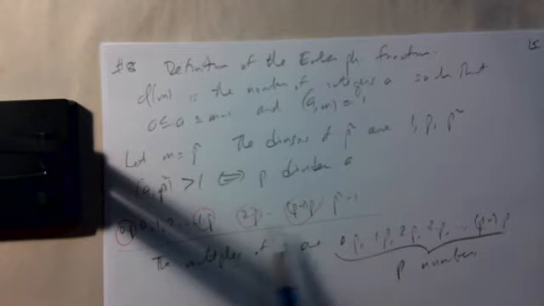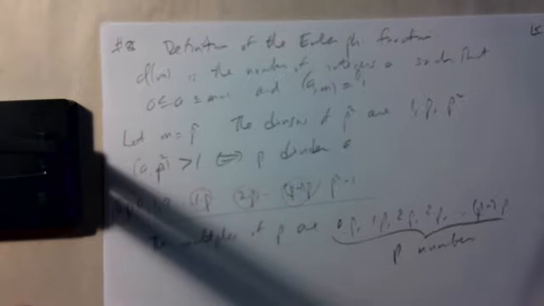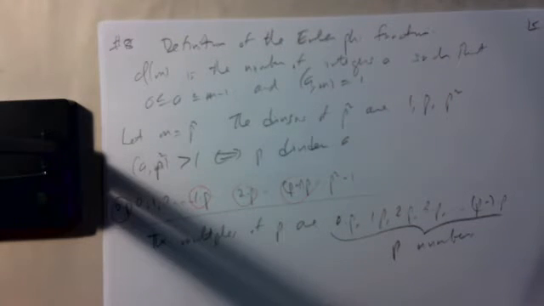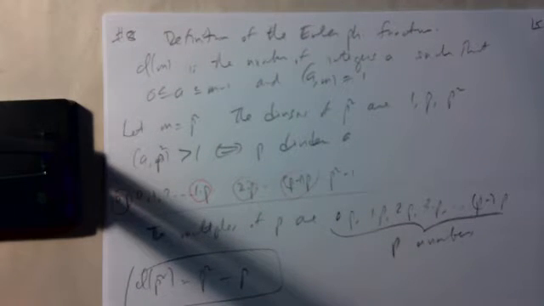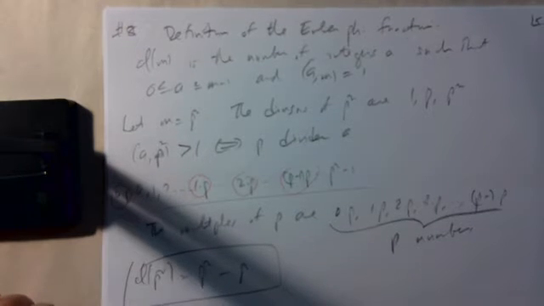These are all the numbers between 0 and p squared minus 1 that have a factor in common with p squared. All the others are relatively prime to p. So phi of p squared, you have p squared numbers and you throw away p of them, and that's phi of p squared. So that's using the definition of the Euler phi function to prove the result.